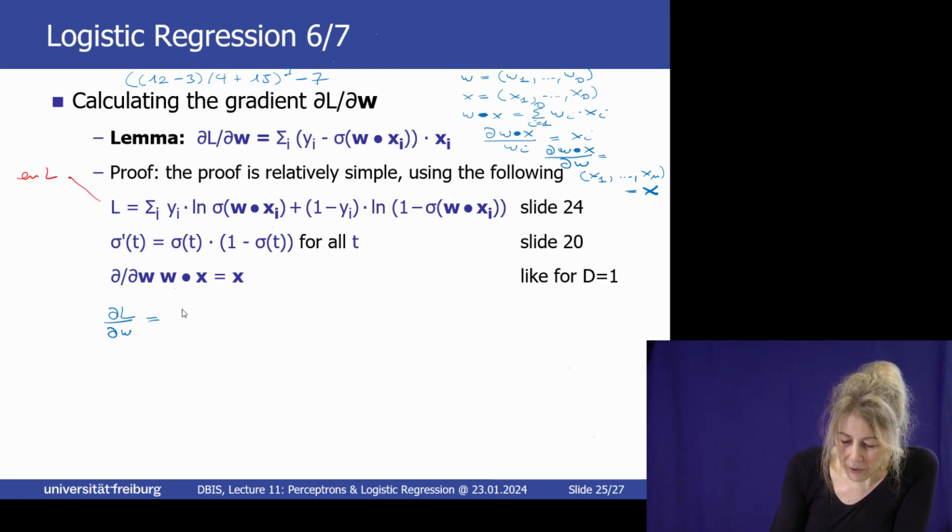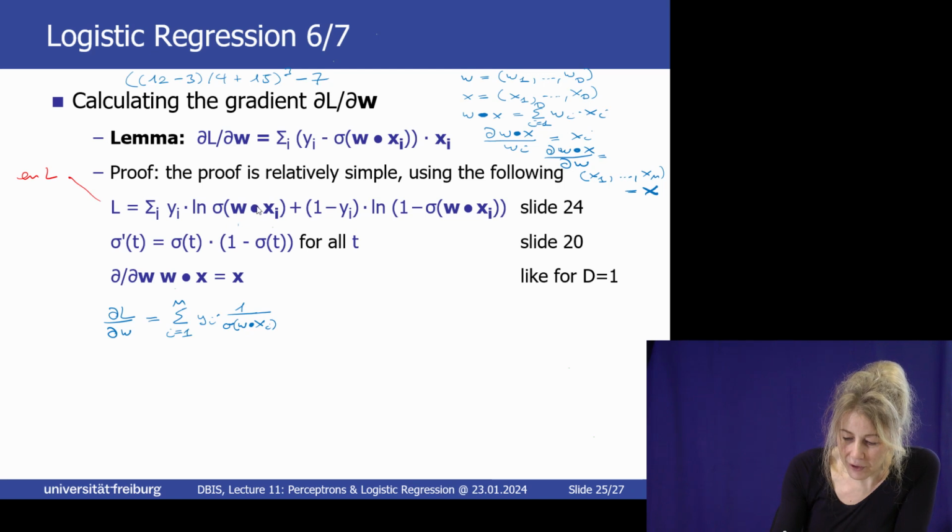So it is the sum from i equals 1 to n of yi times ln of sigma, so that's yi times 1 over this thing, 1 over sigma of w xi. Now I have to compute the derivative of this thing, chain rule, right? Again, chain rule: 1 over this, ln x, 1 over x.